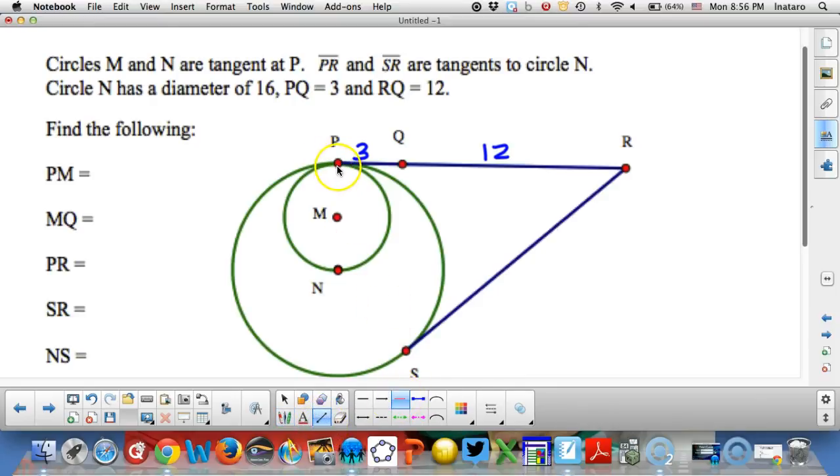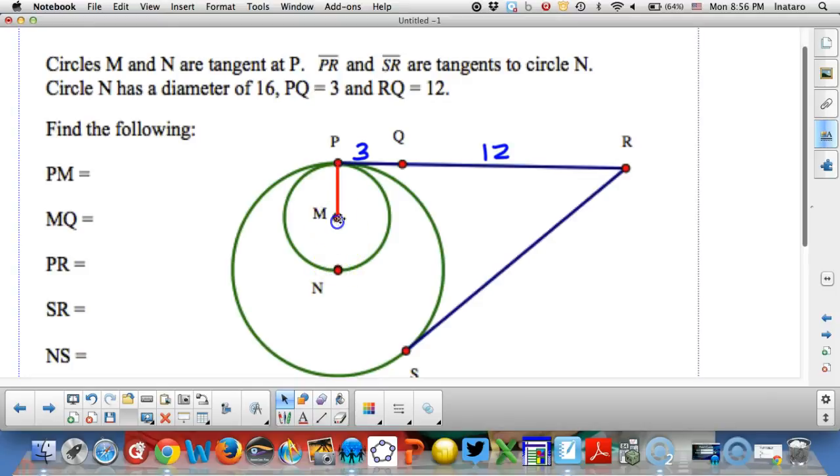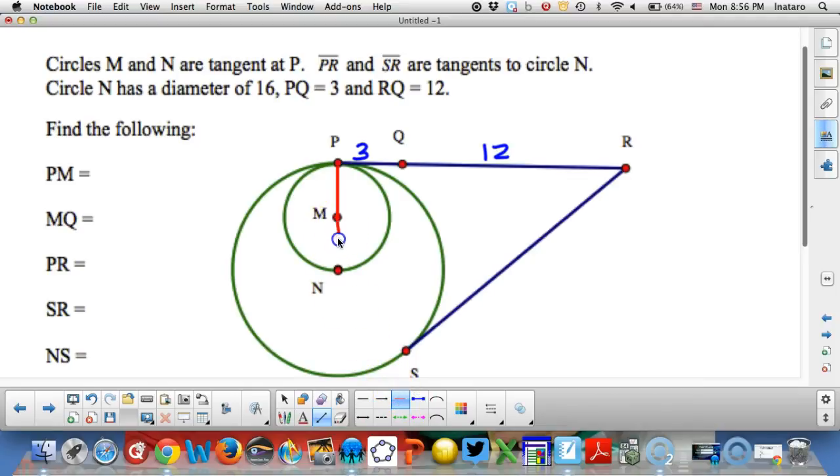To help us figure these out, I'm going to draw in some radii. So I know PM and NM are going to be congruent because they're radii from the same circle.